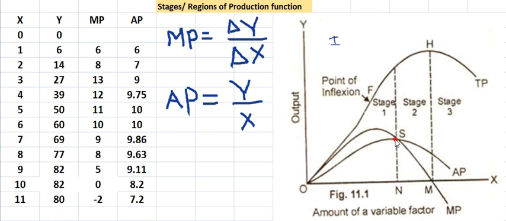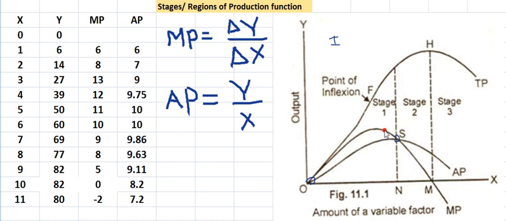One important point of this region is that the average product increases throughout, and this indicates that the efficiency of all the variable inputs keeps increasing.